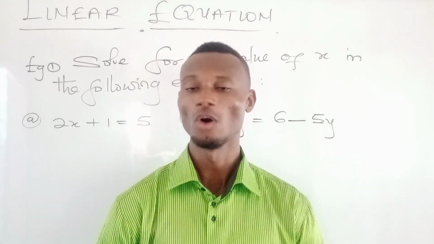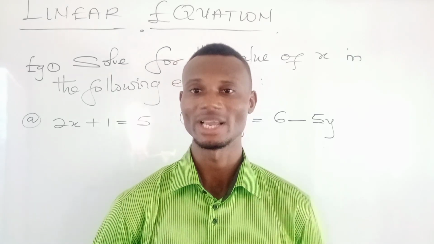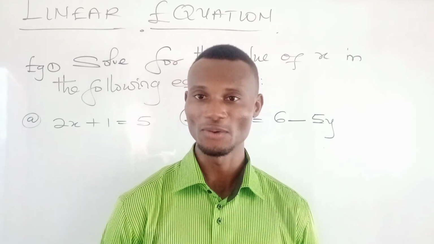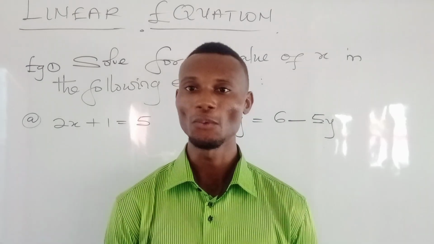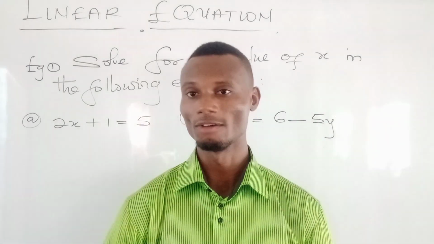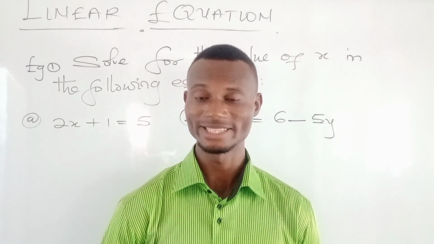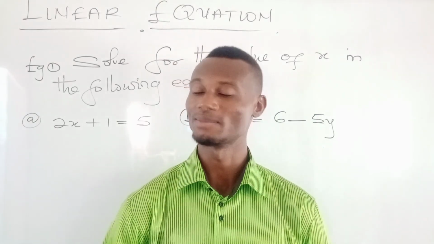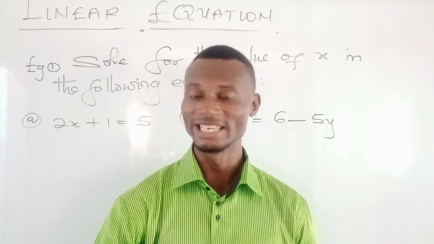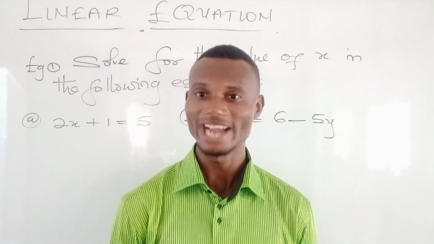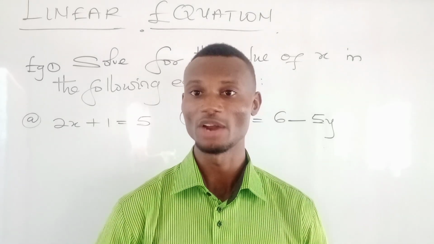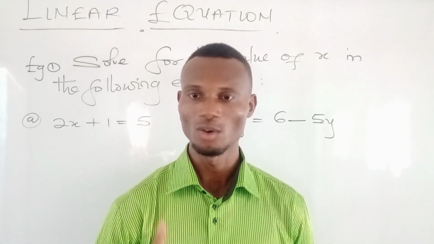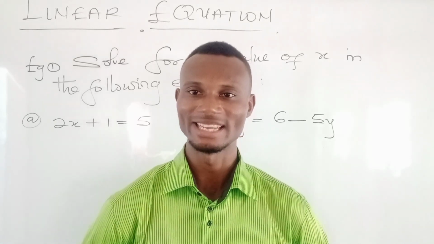A linear equation is an equation in which the highest power of the unknown variable in it is to the power 1. Immediately it exceeds the power 1, it becomes a different type of equation. So with linear equation, always the highest power of the unknown variable that we are looking for has the power 1. I hope the understanding is clear enough.